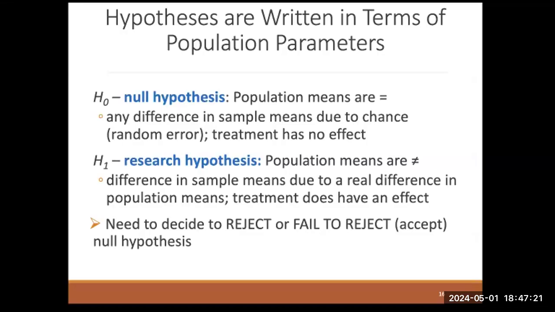We want to reject the null hypothesis because rejecting the null hypothesis means that we are finding a difference, that our intervention is making a true difference, and that difference will be found in the population, that it's not just happening in our sample.